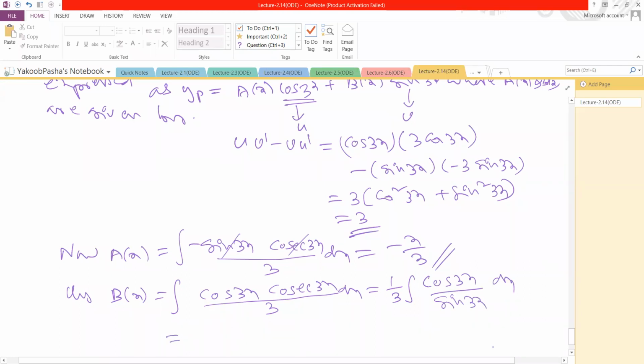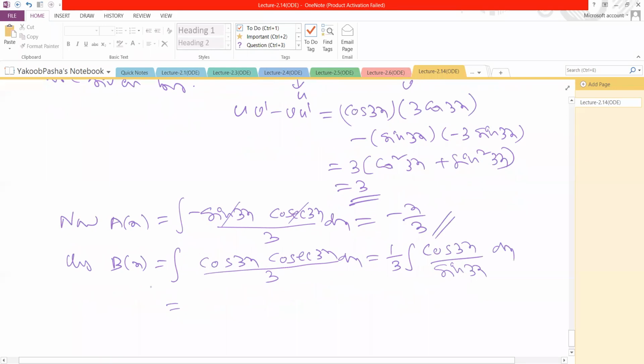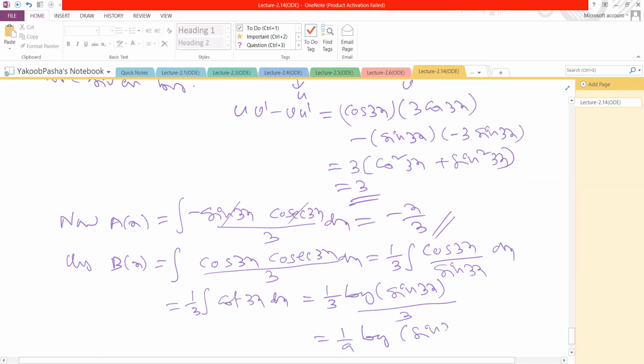This is equal to 1 by 3 integration of cot 3x dx. The integration of cot 3x is log sin 3x whole divided by 3. This is nothing but 1 by 9 log sin 3x.